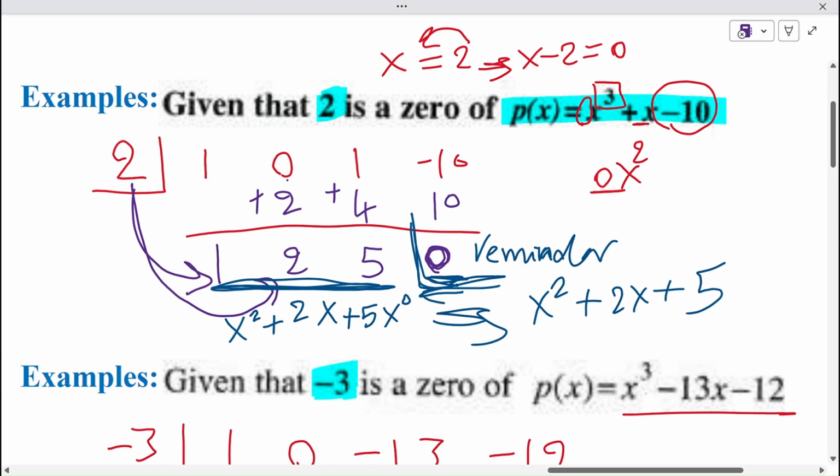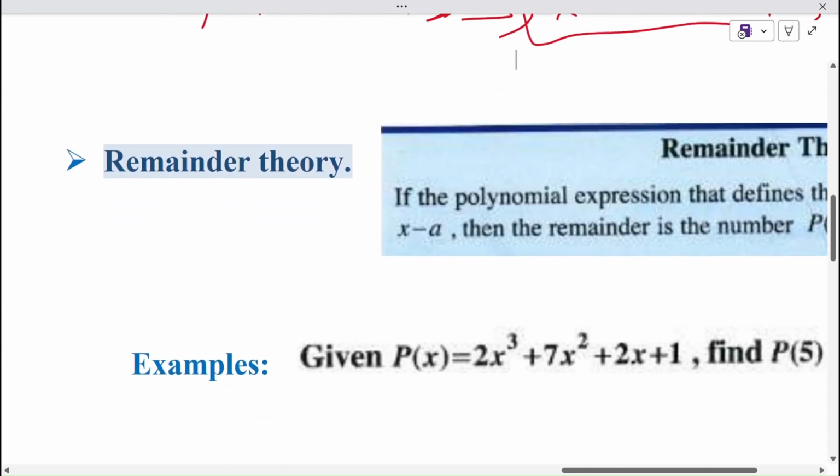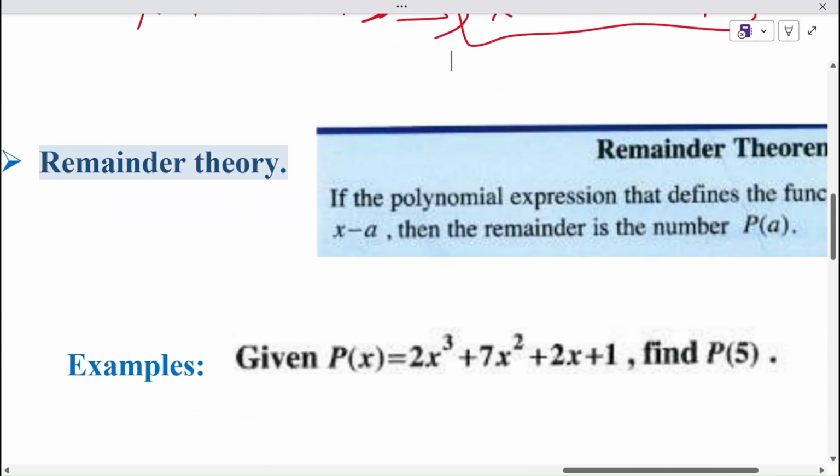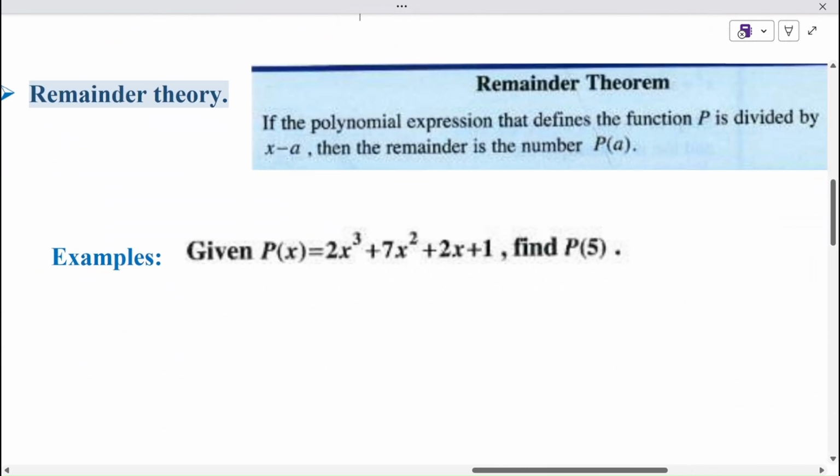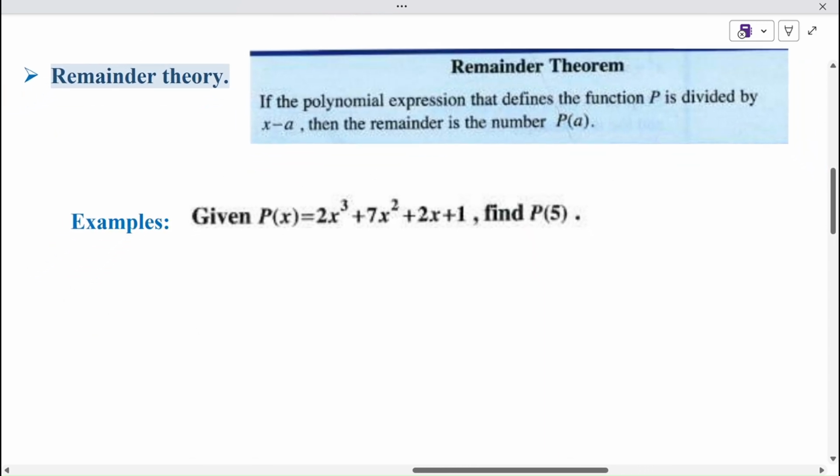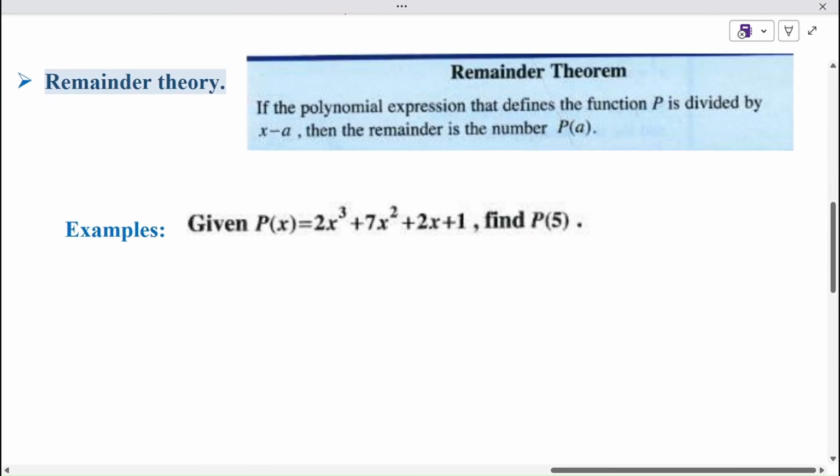We had two ways of dividing polynomials: long division and the scientific way. The last subject that we have in this lesson is the remainder theorem. What is the remainder theorem? If the polynomial expression that defines the function p is divided by x minus a, then the remainder is the number p of a.